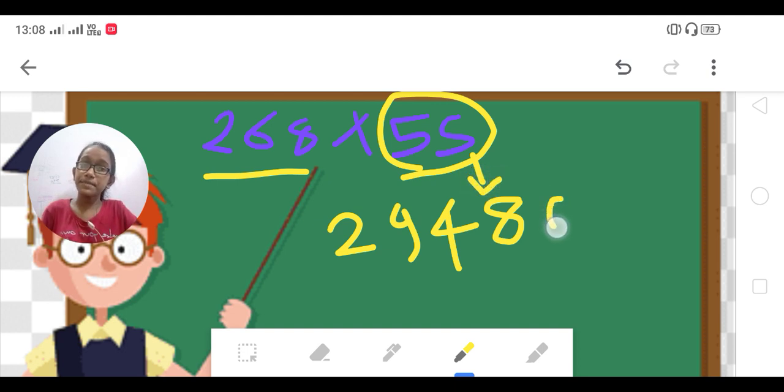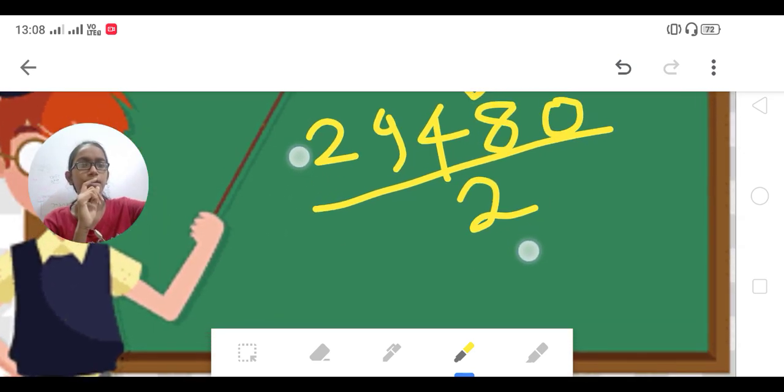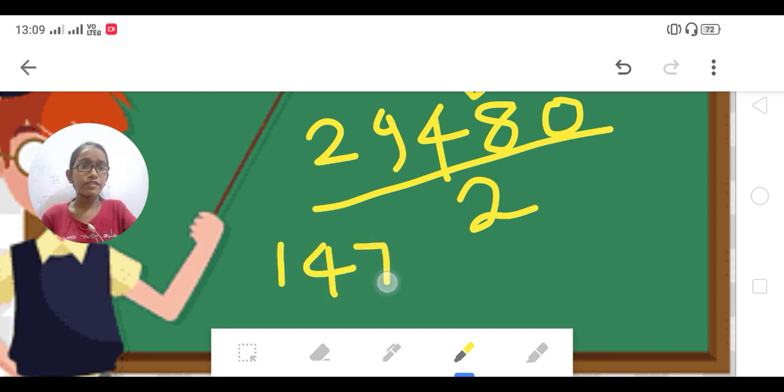Now last में 0 डाल दो and this number को then 2 से divide कर दो. 2 से divide करोगे answer क्या आएगा? यहाँ पे करते हैं. तो आपका answer आ जाएगा 14740. Okay, so our answer would be 14740.